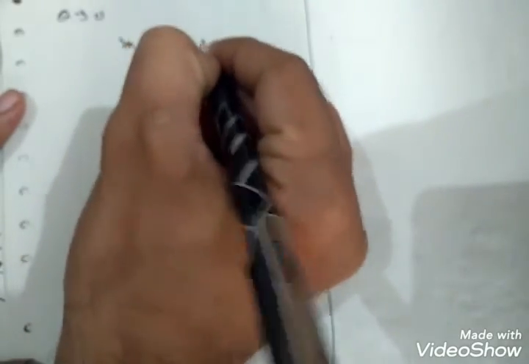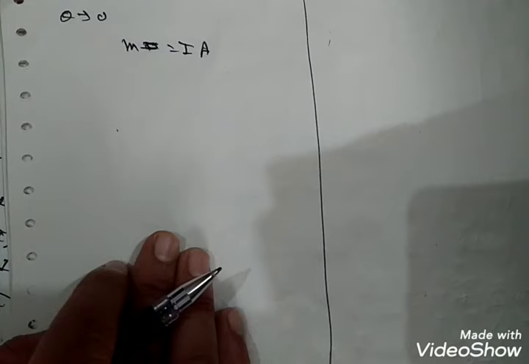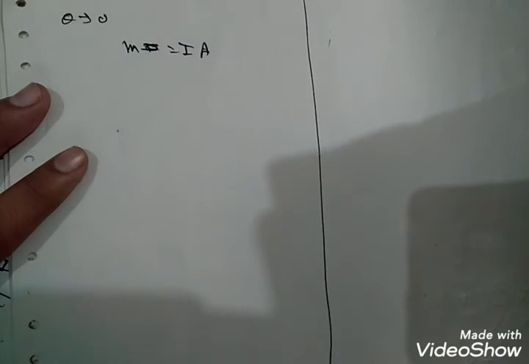Now when theta is 0, the perpendicular distance between the forces of the couple also approaches 0. This makes the forces collinear, and the net force and the torque are 0. Now we define the magnetic moment of the current loop as m equal to I A. Here the direction of the area vector A is given by the right hand thumb rule and is directed into the plane of the paper.